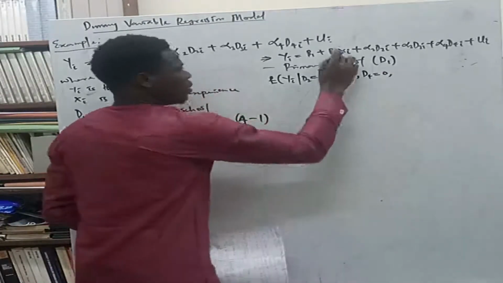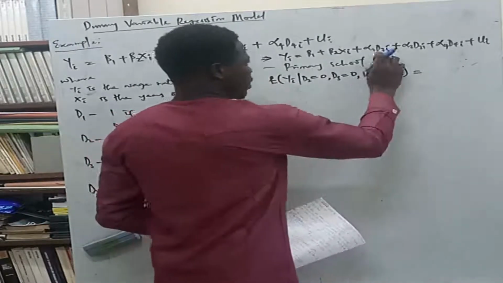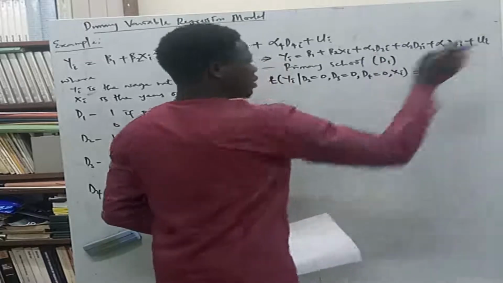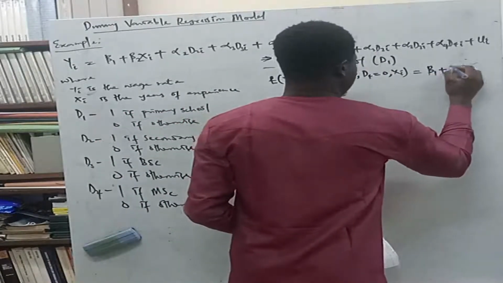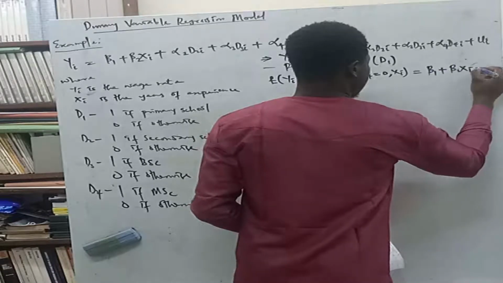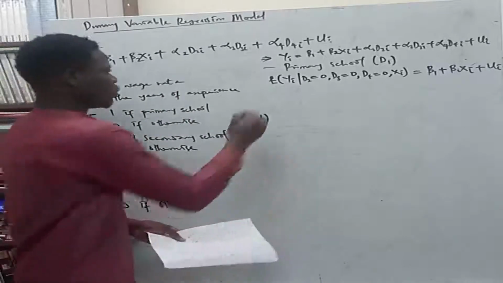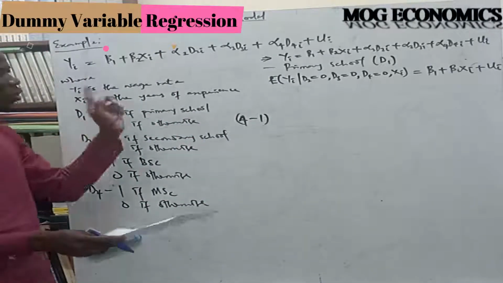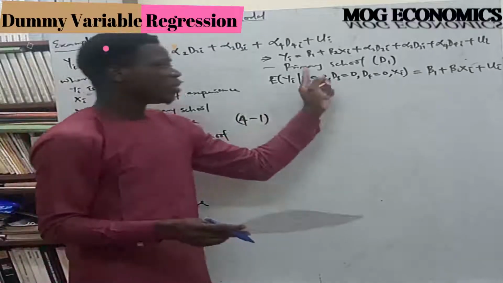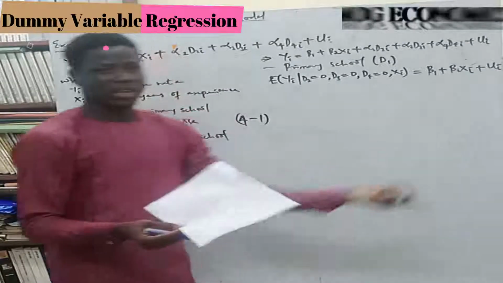Then we have xi. So what would that give us? Once you put 0 here, 0 here, 0 here, everything becomes 0. So we have beta 1 plus beta 2 xi plus the error term, which is ui. So the expected wage rate of those who have just a primary school leaving certificate is beta 1 plus this, plus the error term.